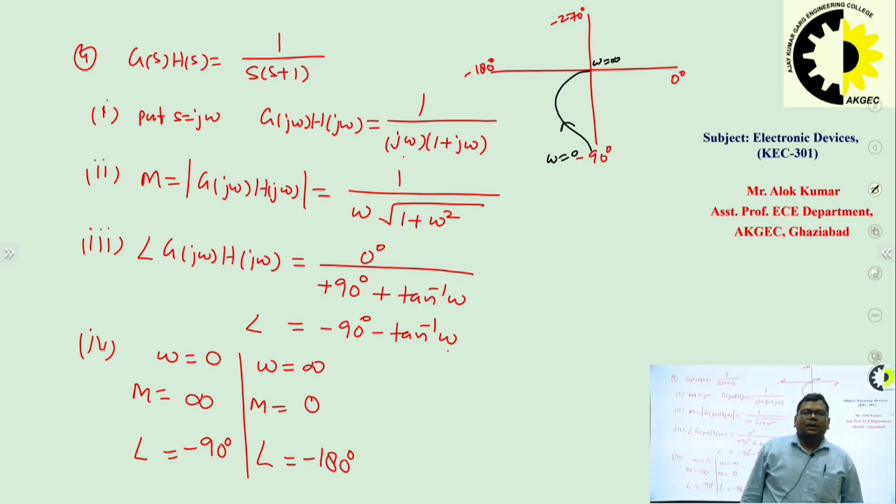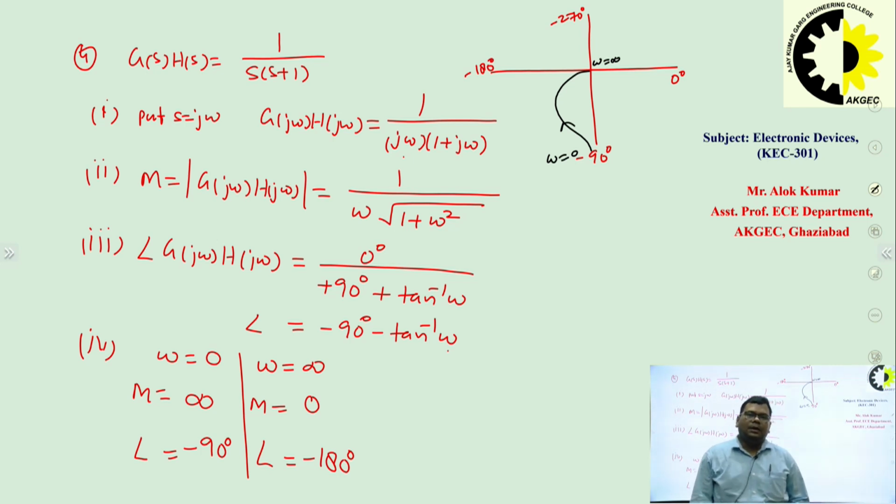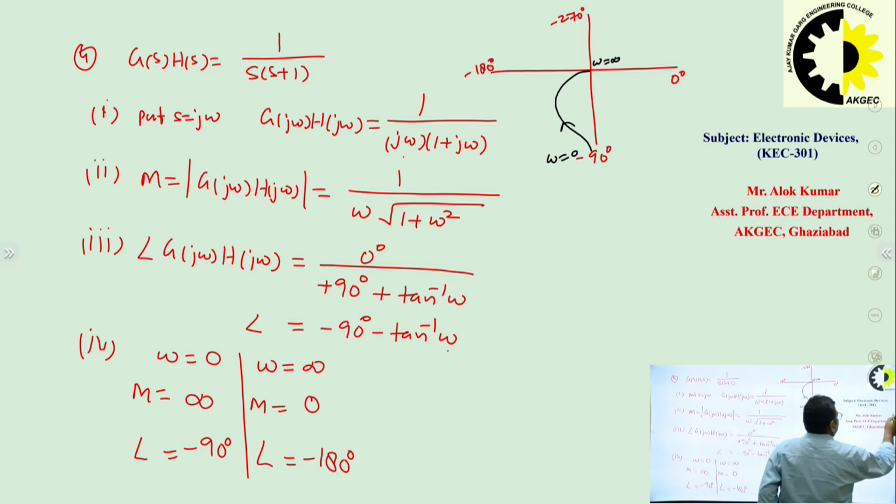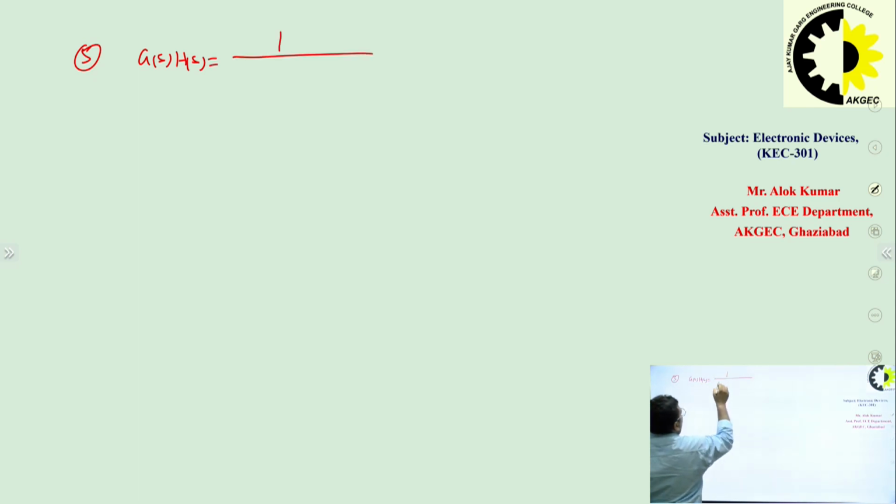Okay, so these are some examples to draw the polar plot, right? We can add one more non-zero pole to this example. So next case we can take G(s)H(s) is equal to 1 upon s into (s plus 1) into (s plus 2), right?